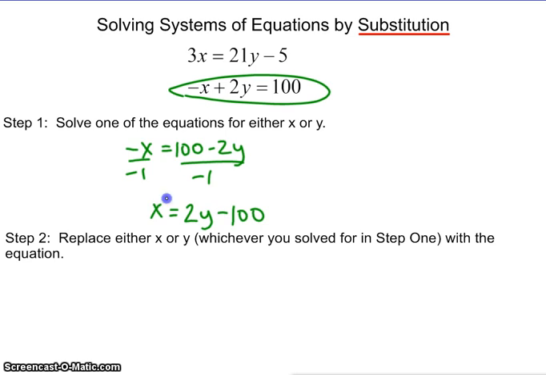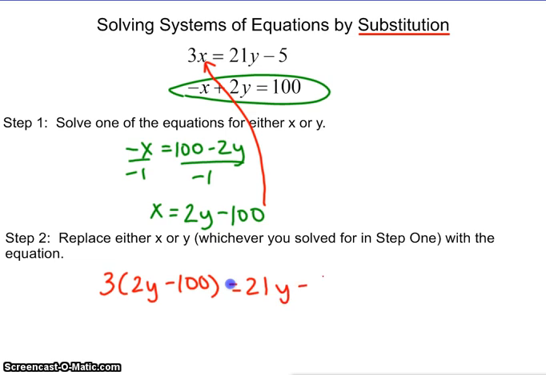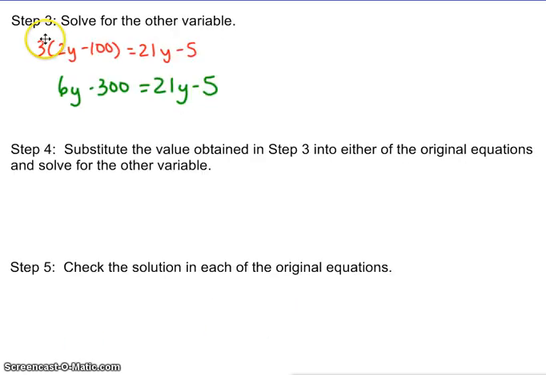So now that we know that x equals 2y minus 100, we are actually going to plug that in into the other equation. So it's going to be 3 times 2y minus 100 equals 21y minus 5. Now it's our job to solve for y. So distribute the 3 in to make 6y minus 300.